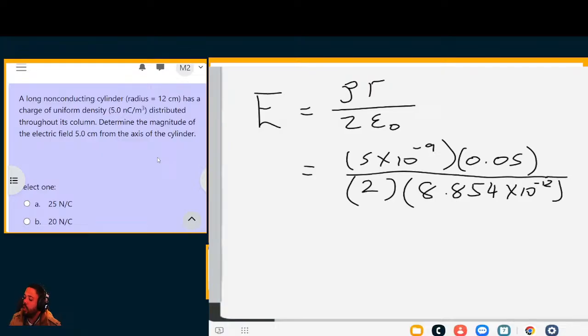That will give you the electric field at a distance 5 centimeters in a non-conducting cylinder.